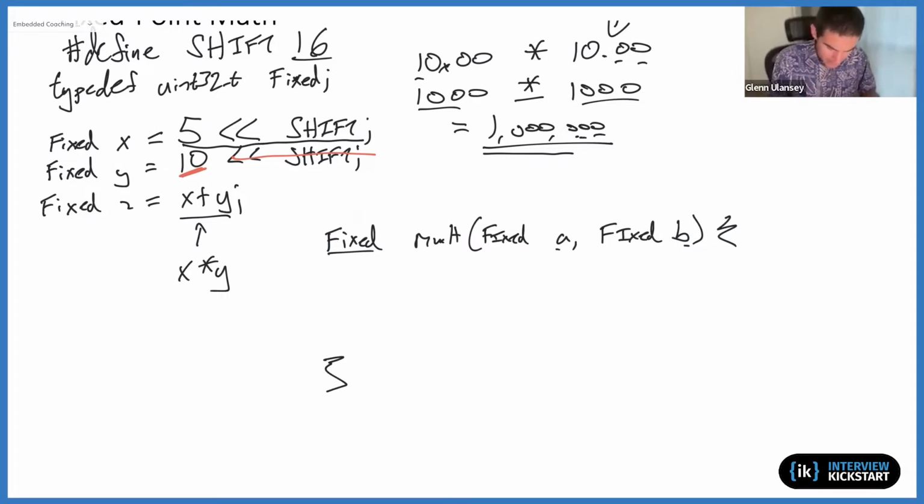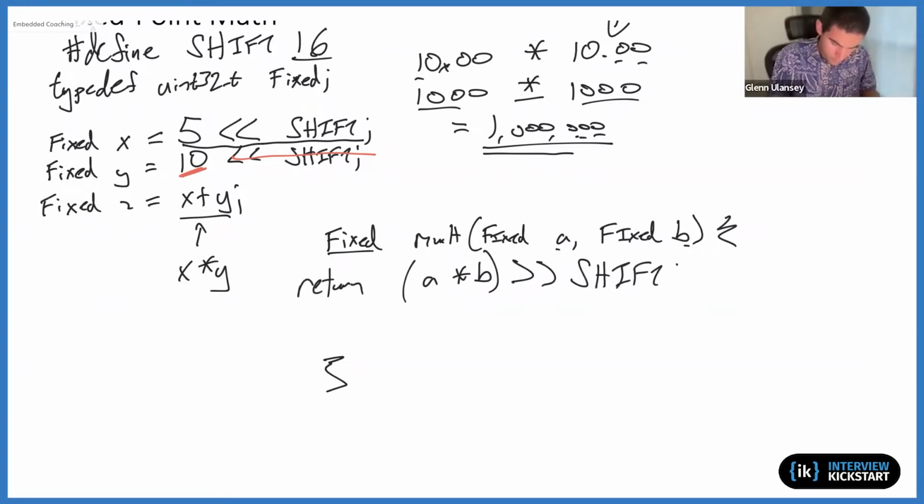And I just said that we can't just do A times B, because then our decimal place is in the wrong spot. What we need to do now is fix up where that decimal place is supposed to be by shifting the number by our scaling factor, or dividing it by our scaling factor, equivalently said. So we have our A times B, and then we shift that by 16. Now we can return that result.